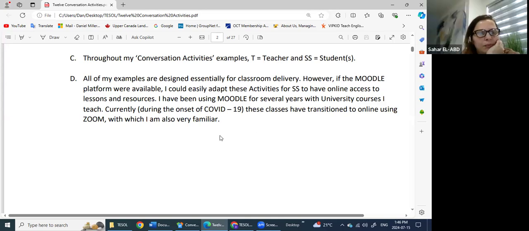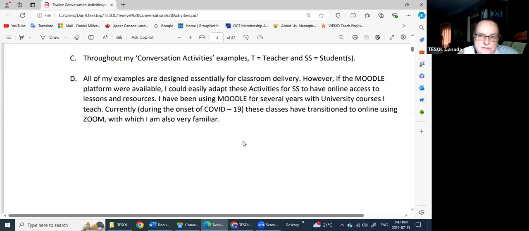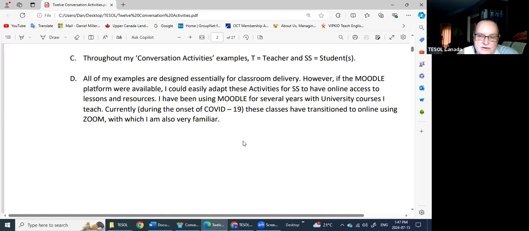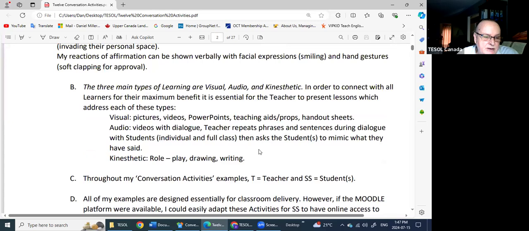We are familiar with Zoom. Zoom and Teams. You've used Google Teams? Teams and Zoom and Google Meet. Google Meet, yes, okay. That's fine. They're all very similar. They all do the same thing, basically.